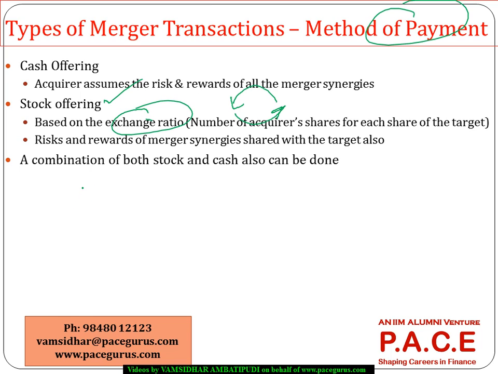So in this case, whatever the risks and rewards of any synergy that is going to be present, that is shared between the target shareholders as well as the acquirer shareholders, because the share value can either go up or go down, and it will have an impact on both parties, because the shares are exchanged and both parties hold shares.